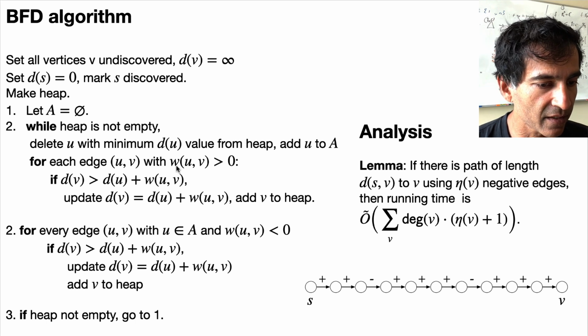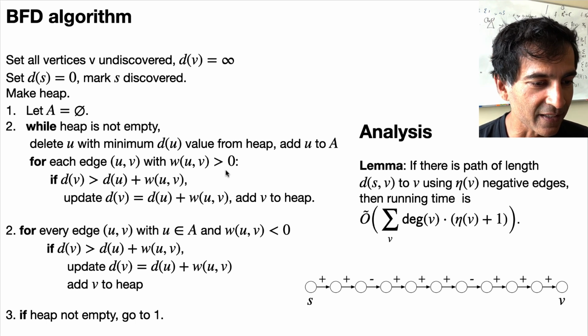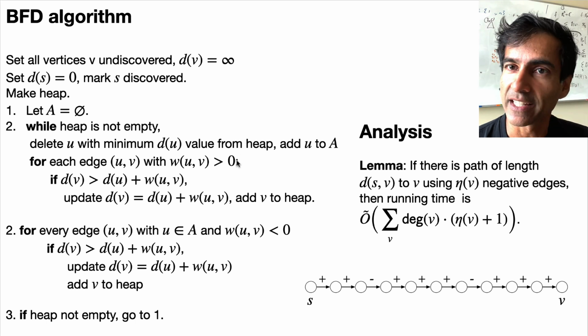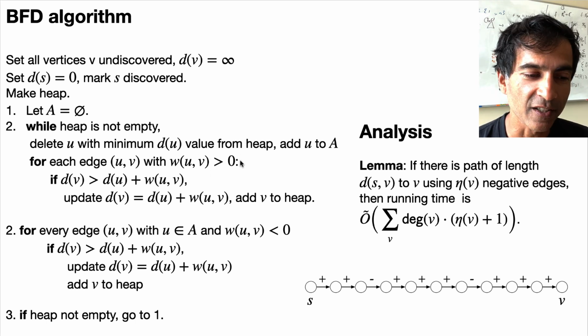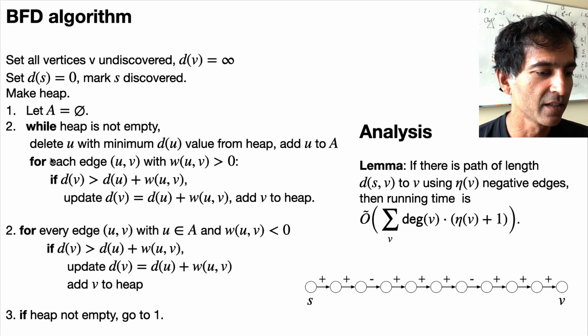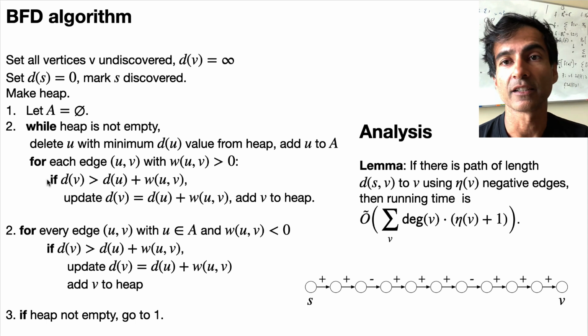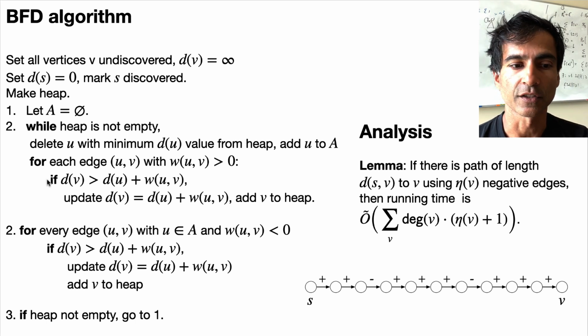I actually think in this algorithm there's another typo. I need it to consider all the weights which are non-negative, not just greater than 0, but greater than or equal to 0. So this is just a description of Dijkstra's algorithm using the non-negative edges of the graph.